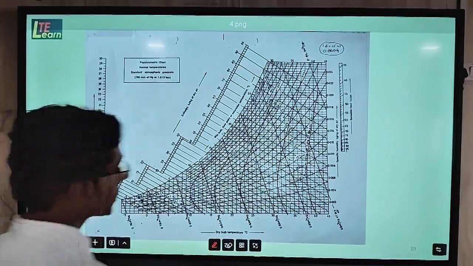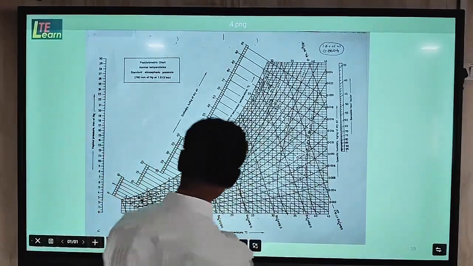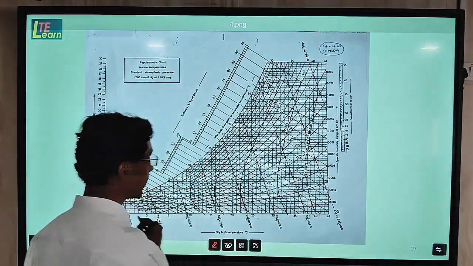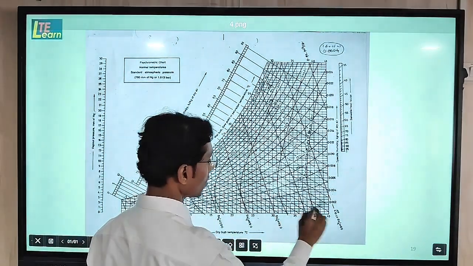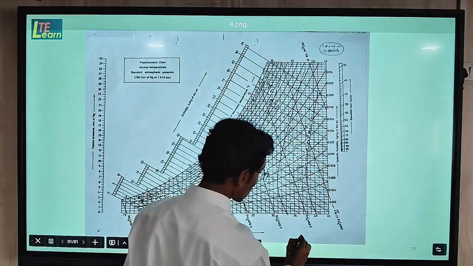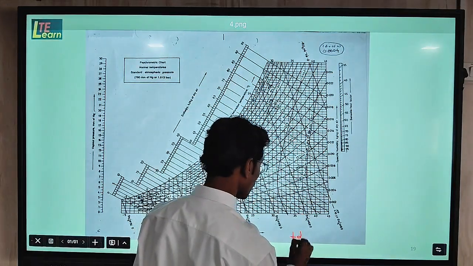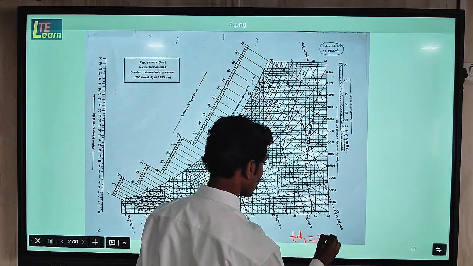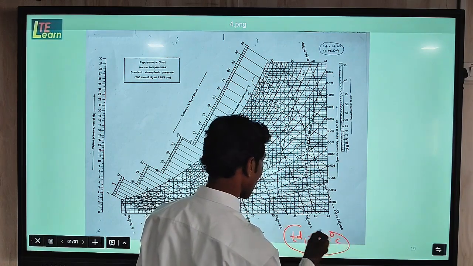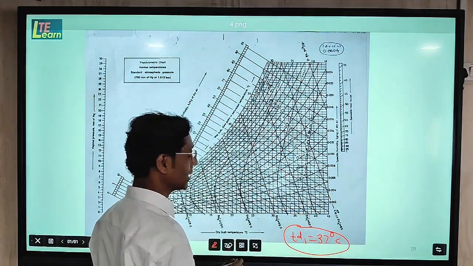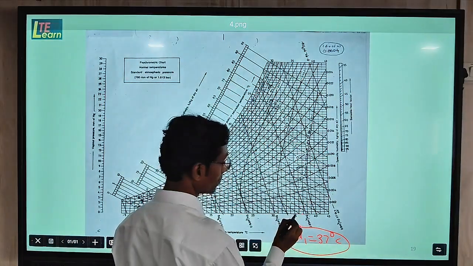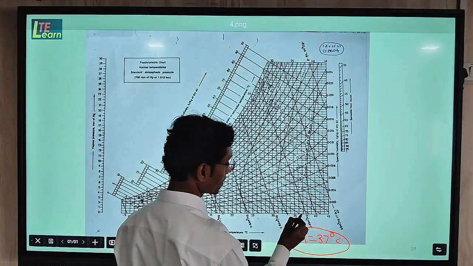So on the psychrometric chart, at the bottom, this is the dry bulb temperature scale. Here we are given the first point, dry bulb temperature 37 degrees Celsius. So here is 35, 36, 37.